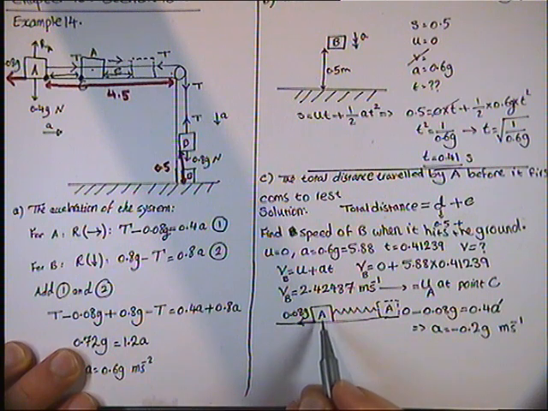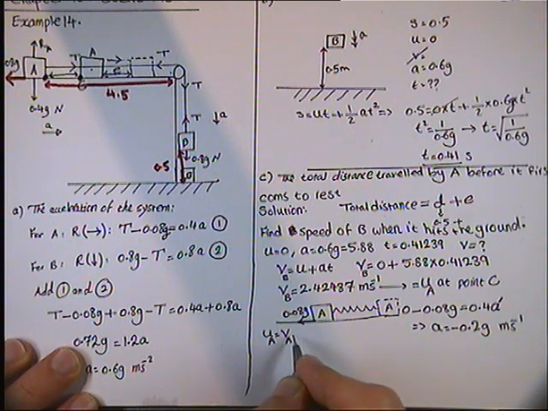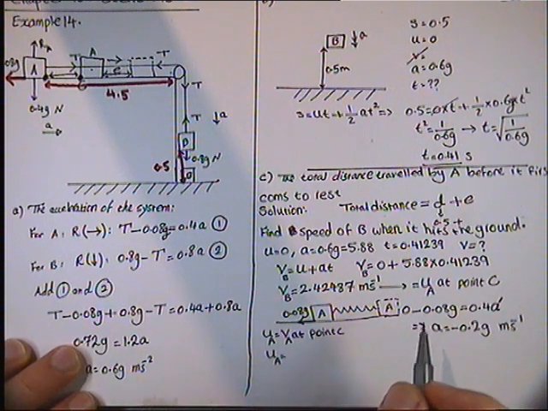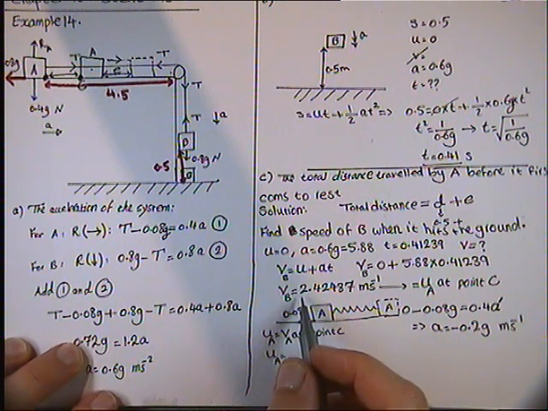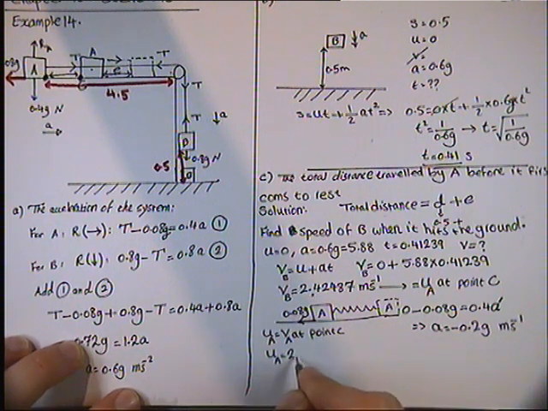So what we've got here: u of A, which is the same as v of A at point C, which we already worked out, 2.42487.